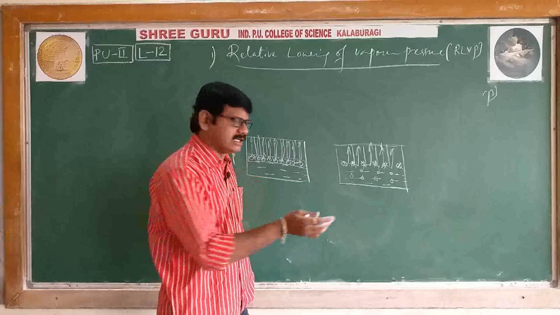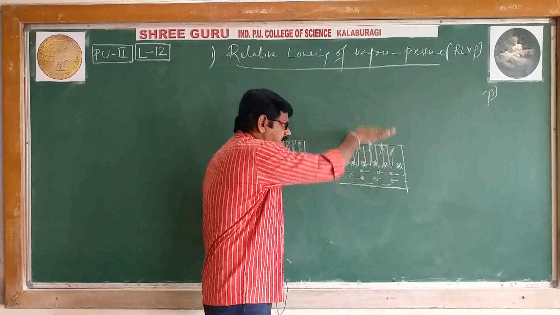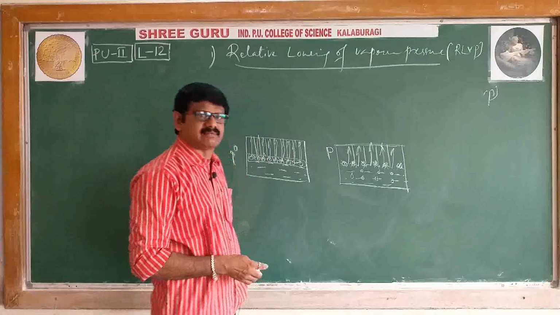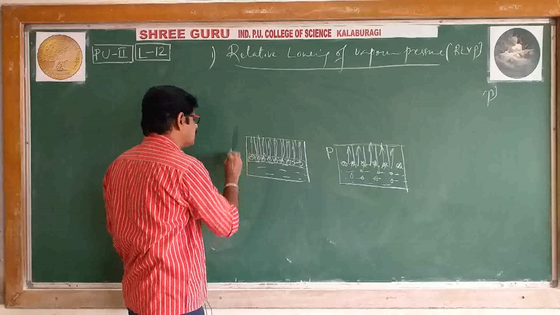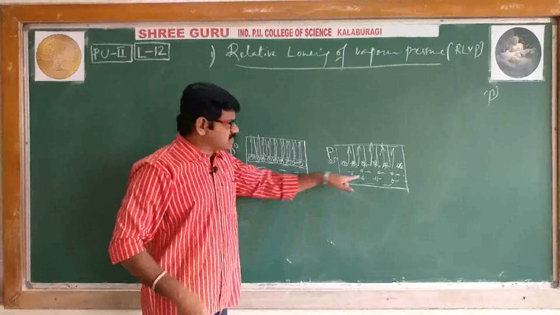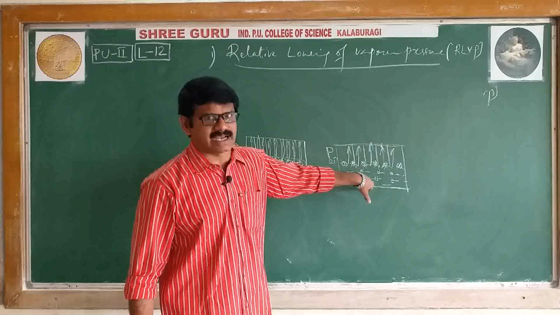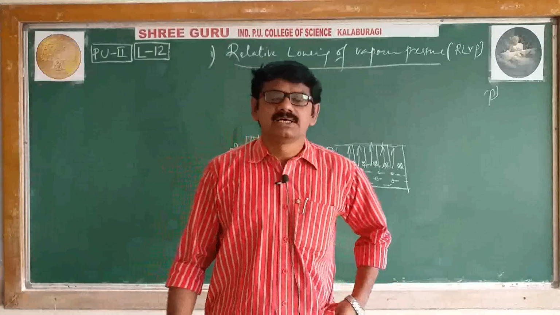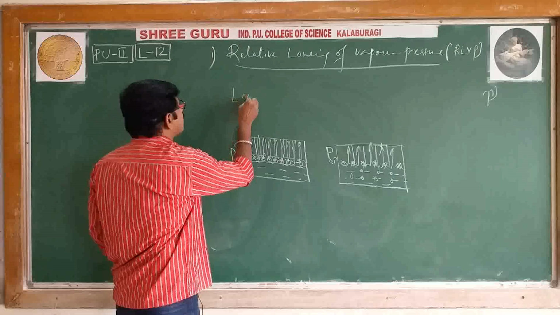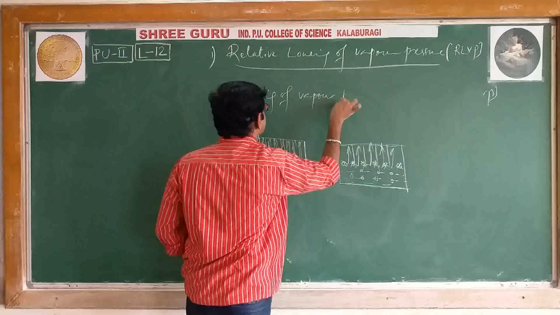Automatically evaporation tendency decreases, and simultaneously vapor pressure also decreases. Here this vapor pressure I am designating with the symbol P. Here it is P naught, and here it is P, or P solution also we can write. It is a solution because in solvent, solute particles are added. Solvent and solute, nothing but a solution. Now our target is lowering of vapor pressure. We have to define lowering of vapor pressure.